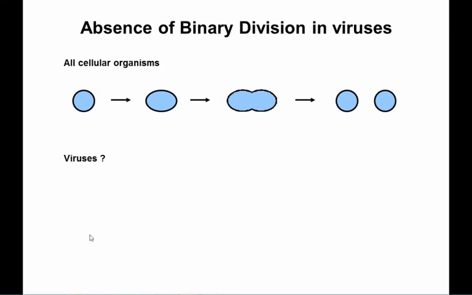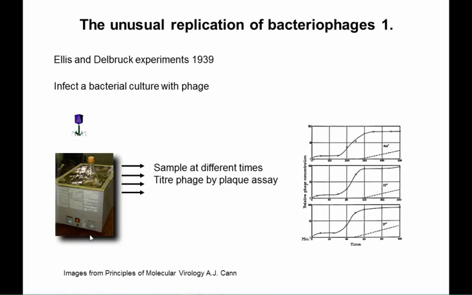Now, the first indication that viruses were doing something different came from experiments that were done in the 30s on bacteriophages by Ellis and Delbruck. What they were trying to do was analyze the growth curve for viruses, just like you would do for bacteria.